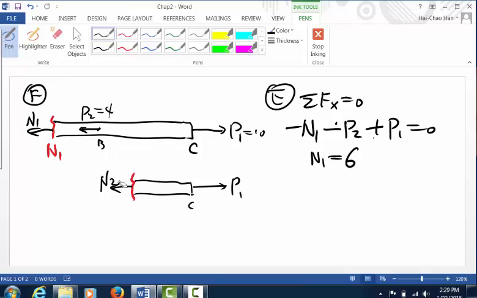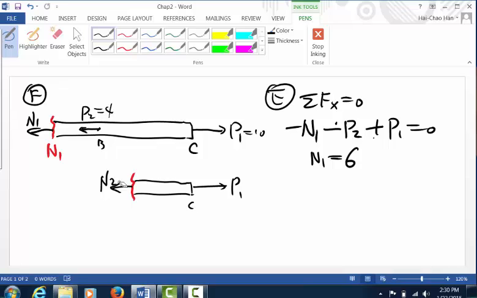I scared you, right? Okay, so P1 is definitely at point C, it's there. P2 is applied at point B. So I made a cut here, only this portion, so P2 doesn't show up because its point of application is not there. So I should not plot P2 in this diagram.